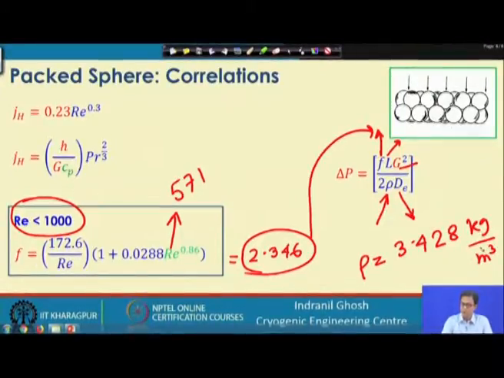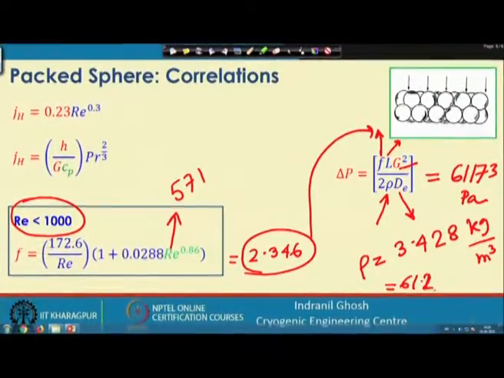So, if we put all these values in this relation, we find that this will come out to be 61173 Pa, and that will be equivalent to 61.2 kPa. So, we can estimate the pressure drop for this packed bed for the given flow rate, which was 0.08 kg per second. We find that the estimated pressure drop is 61.2 kPa.